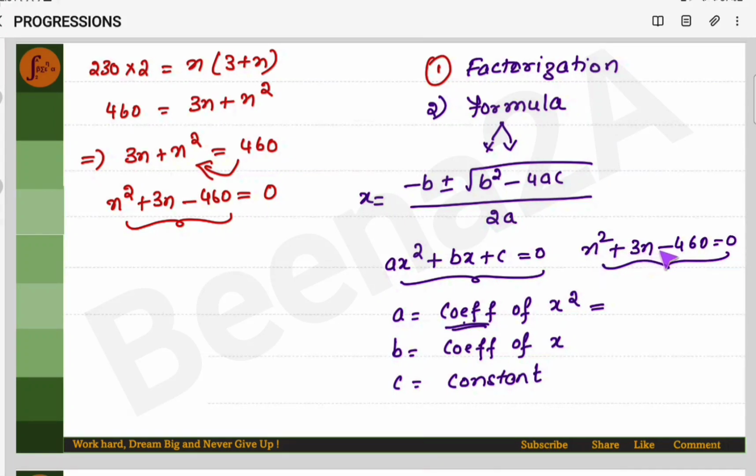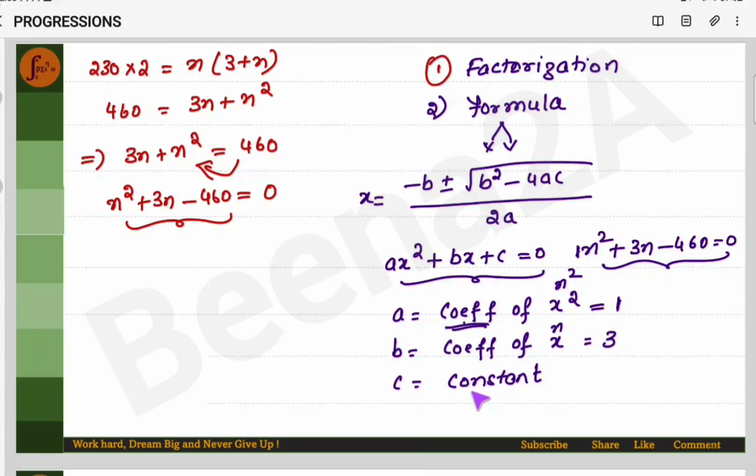We don't know the value of n. So the number next to this particular unknown is called the coefficient. Now what is the coefficient of x square? So here it is n square. Let's put it as n. That is the number next to n square. There is nothing. That means it's 1. Coefficient of x, that is n. What is the coefficient of n? It's 3.